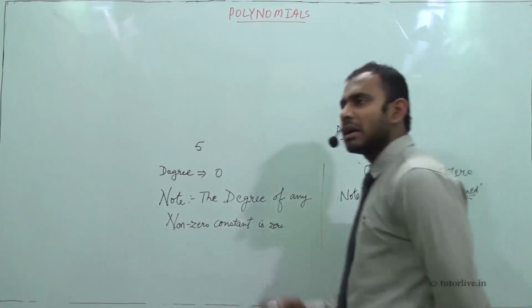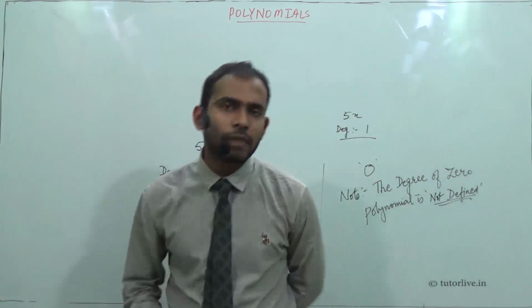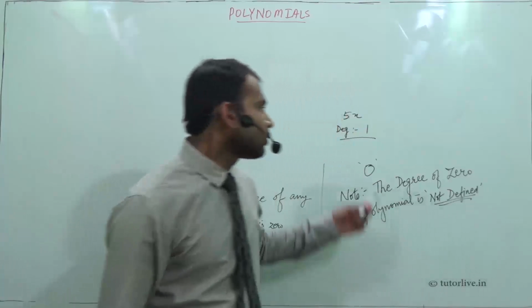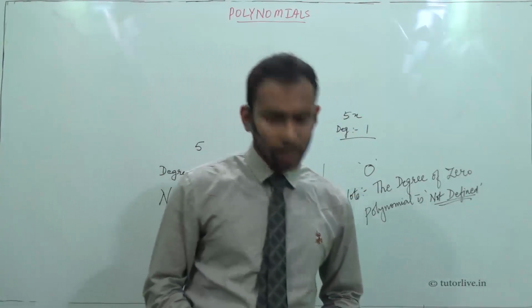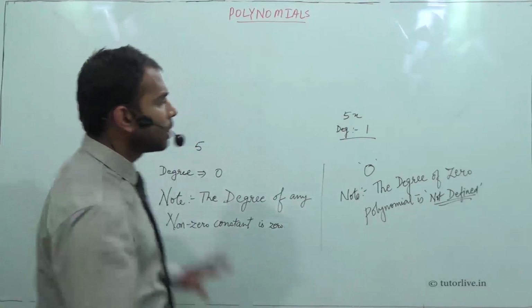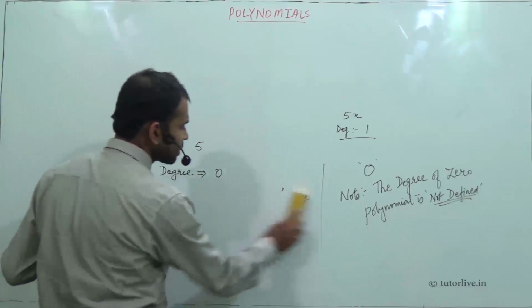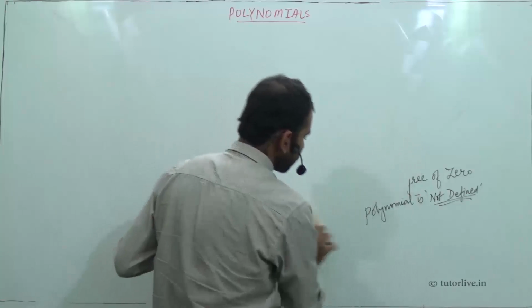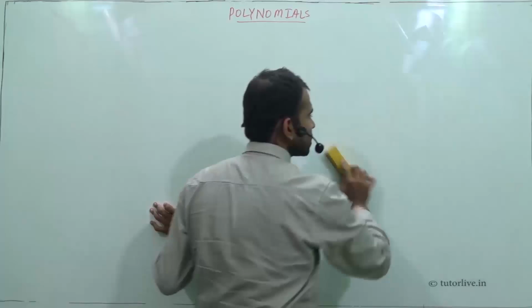Not defined, simply go for the literal meaning of it. It's undefined. We don't know the value of the degree of 0 or a zero polynomial. Okay. So now moving on to exercise number 2.1. On the basis of the basic concepts, we'll be doing exercise number 2.1. It will be done in 5 to 10 minutes max, and it's a very easy exercise, of course.